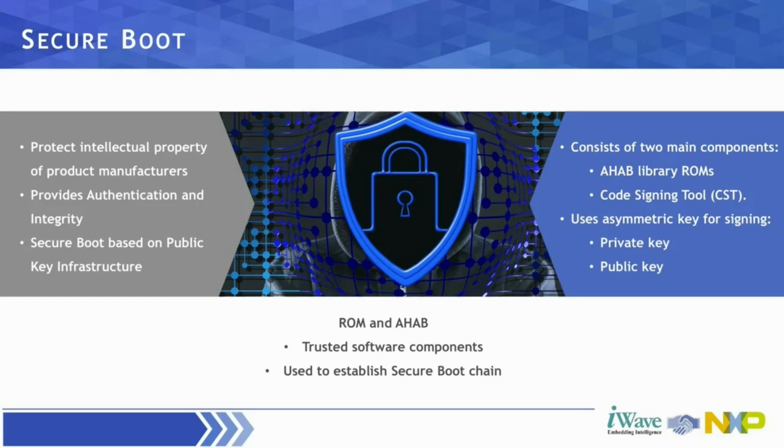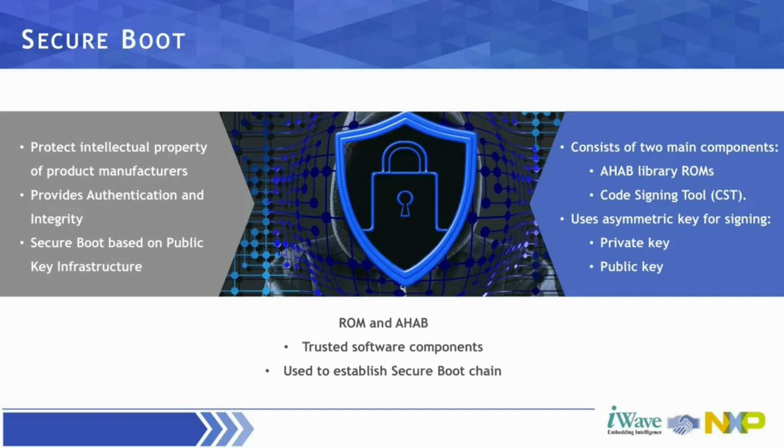The hardware is set up beforehand in such a way that it only authenticates code generated using security credentials you trust. Secure boot using AHAB is based on two keys, a public key and a private key, and consists of two main components, the AHAB library ROM and the code signing tool. The ROM and AHAB form the trusted software components and are used to establish the secure boot chain.